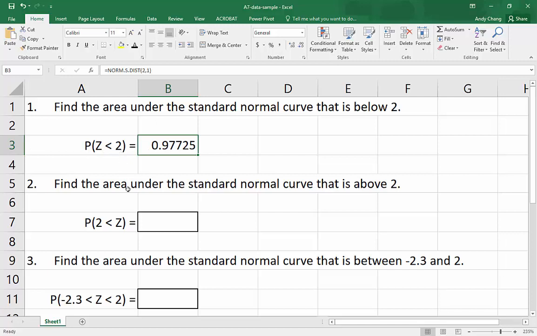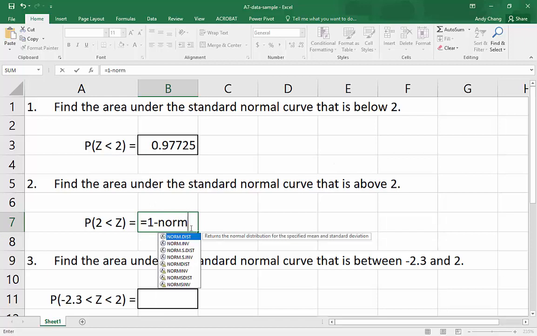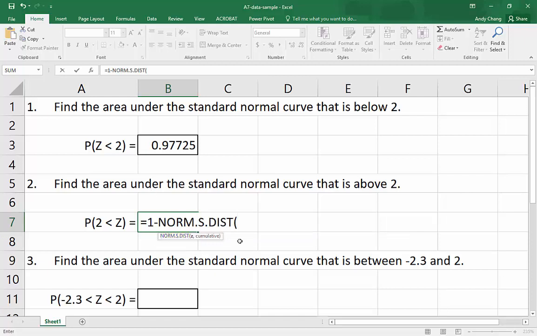Now, if instead you want the distribution above 2, that's a complement of this. So in order to do that, I can use equal 1 subtract the cumulative distribution up to 2. So cumulative distribution up to 2 is NORM dot S. Actually, I'm going to use this hint to help.